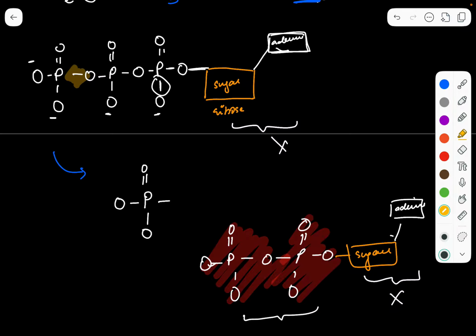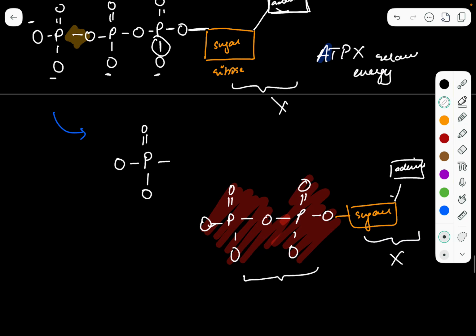We broke it. Now, everyone has probably mentioned this to you, your teachers, whatever, in O-level biology, that breaking down ATP releases energy. But the smart kids amongst you will tell me, sir, but breaking bonds requires energy, does it not?